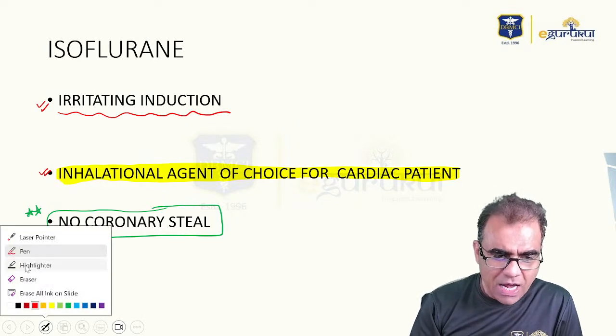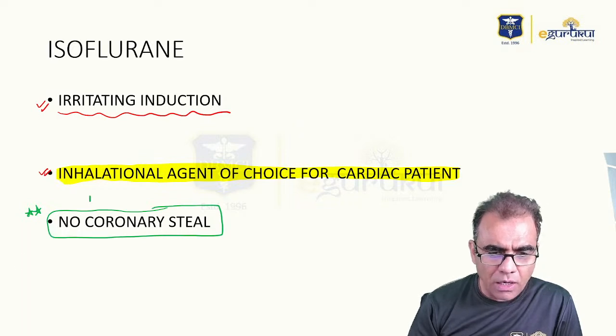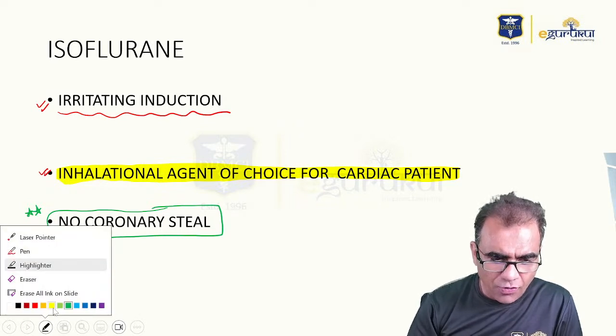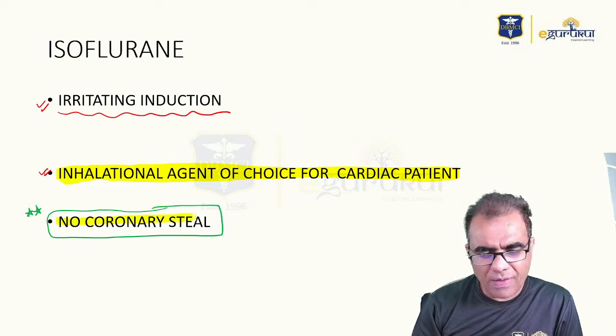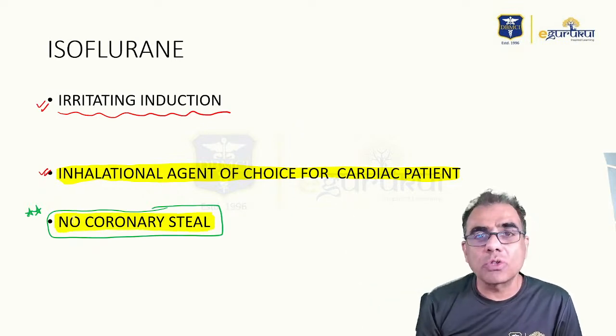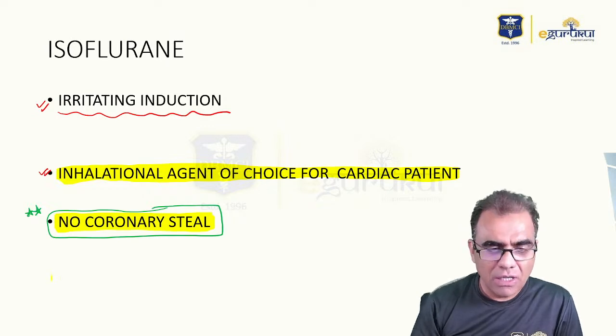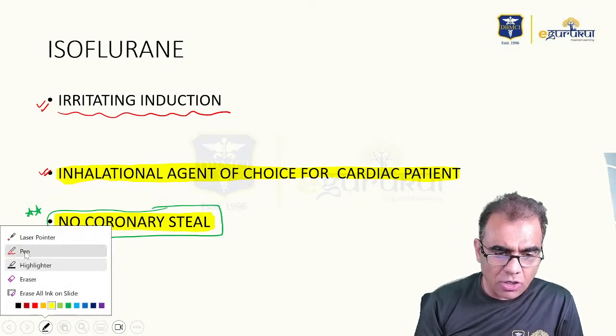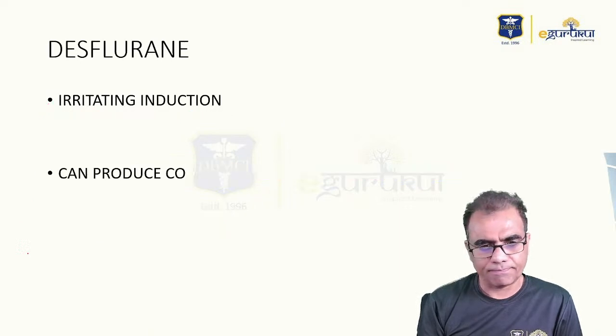For decades we were not using isoflurane for MI patients because it was causing coronary steal. Coronary steal means diversion of blood from ischemic area to non-ischemic areas. So that is dangerous for MI patients. But it is proven that it does not cause coronary steal.